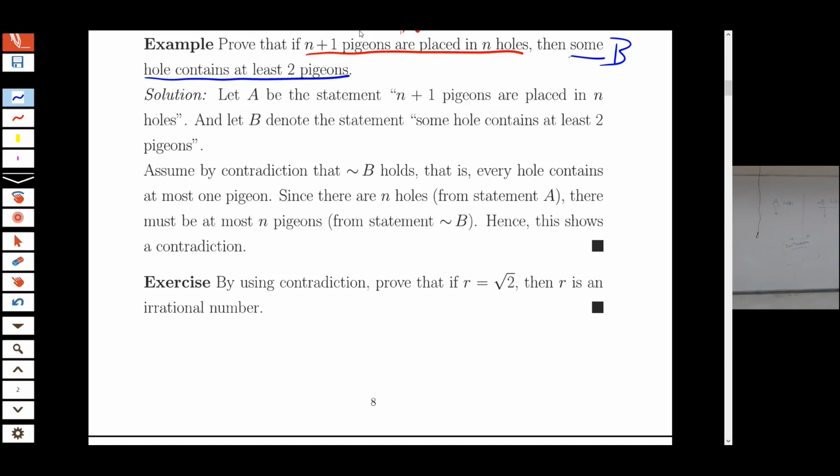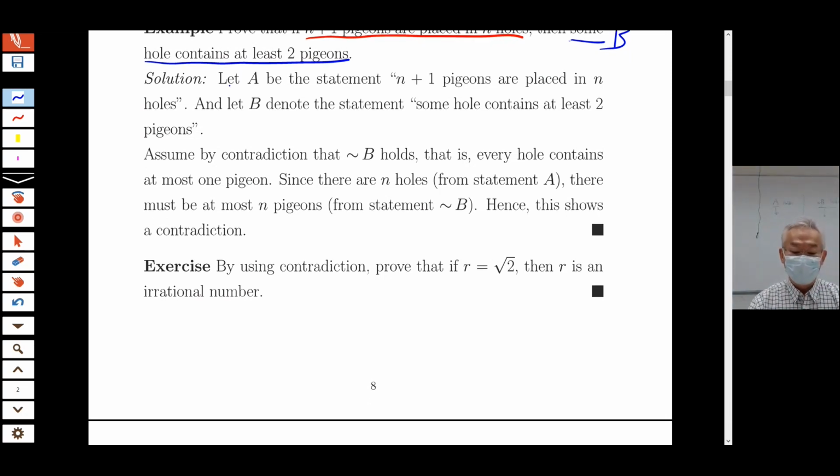In this case, we let A be r equals the square root of 2, and B represent the statement that r is an irrational number. Therefore not B represents r is a rational number, meaning r is expressed in this form where m and n are positive integers. After that, you prove it. Try this, it's a good exercise.